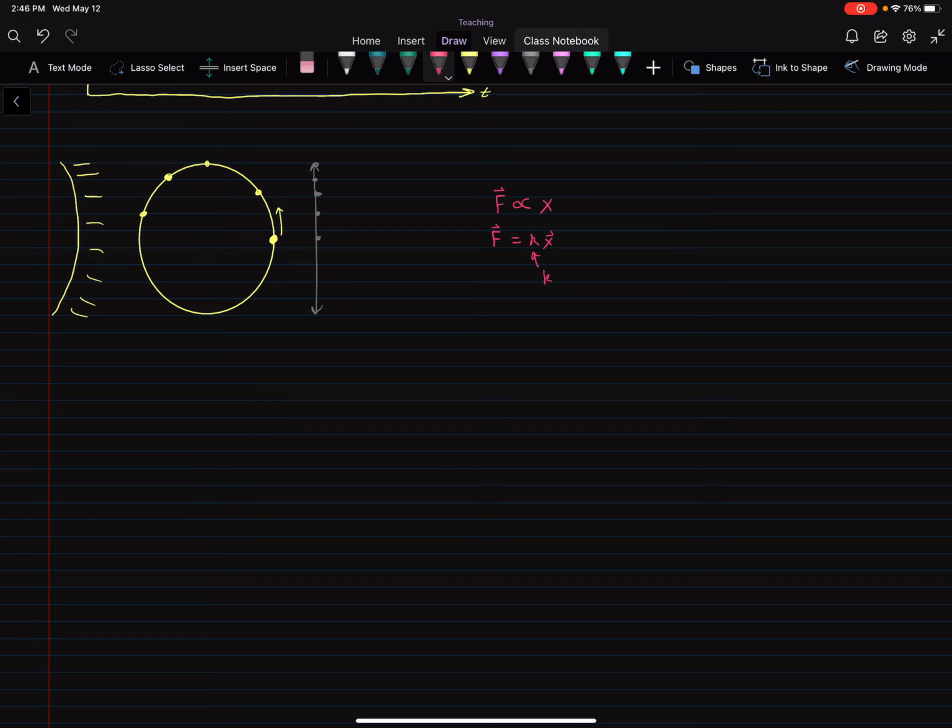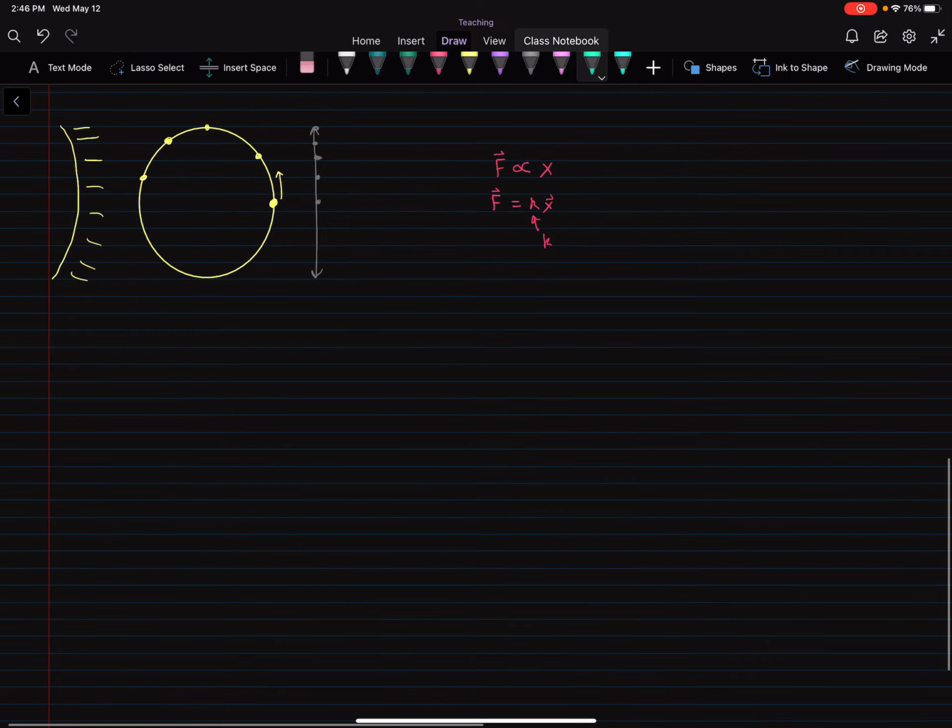So we'll talk a lot about amplitude, usually denoted A, and that's the maximum magnitude of the displacement.